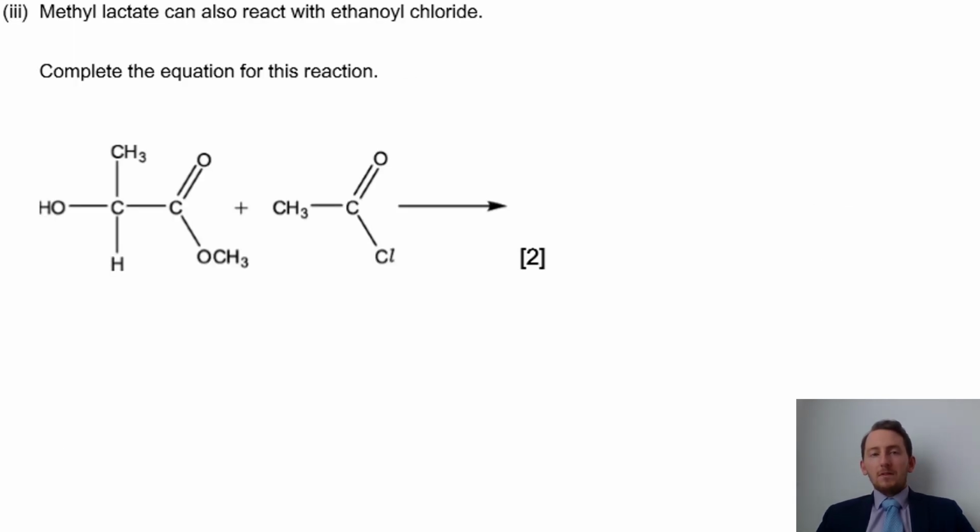And finally, last question, we need to show what's going on with methyl lactate and ethanoyl chloride. For this reaction, even though it's written this way around, we want this OH group to attack as a nucleophile to this carbon here.